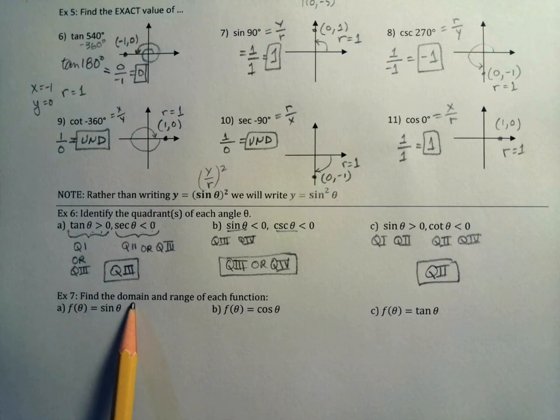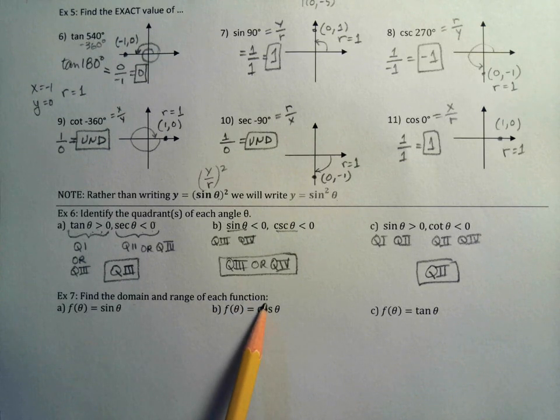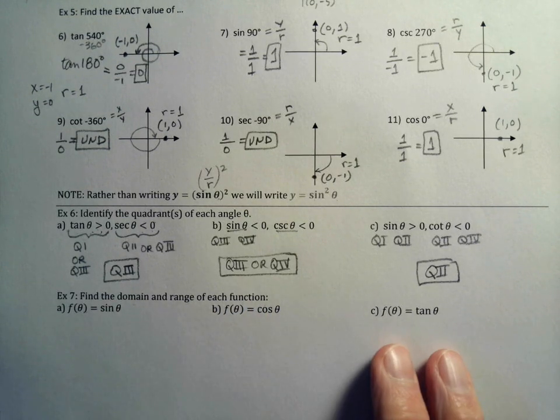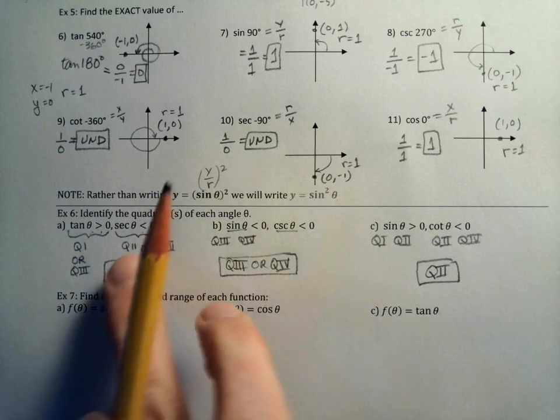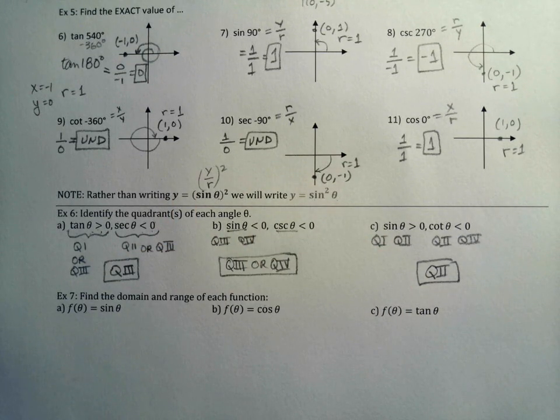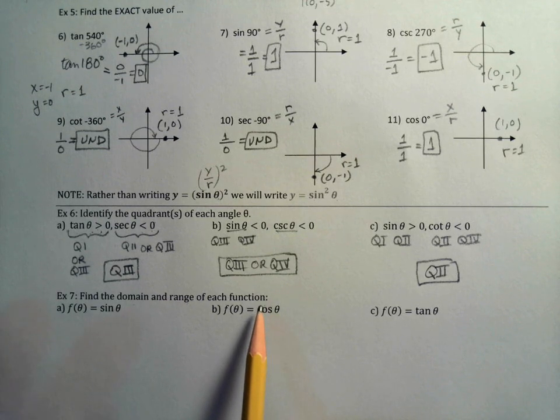All right, so that's going to help us when we get to example 7. Find the domain and the range for each function. Oh, actually, no, what we just did is going to help us more on page 3, I think. Let me look at page 3. Yeah, it's going to help us on the examples on page 3. Okay, so find the domain and range for each function.